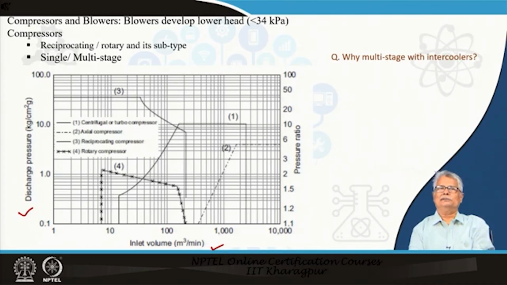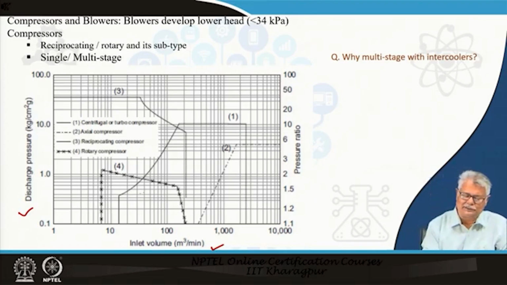Well, there will be some boundary between two distinct types of compressors, but in some cases you can have a choice of choosing either of these two as well. It depends on where exactly on your graph the point lies. An example of this could be at this particular point.